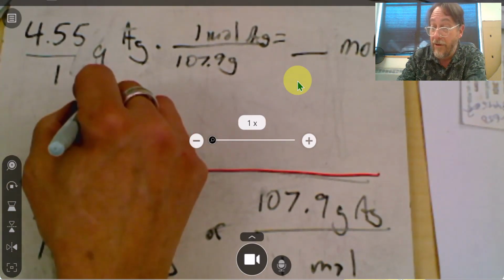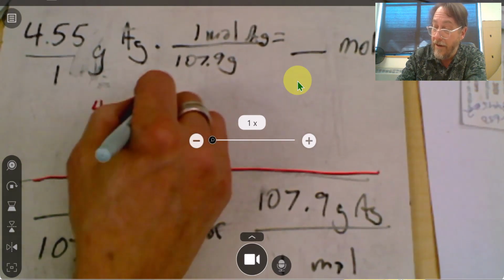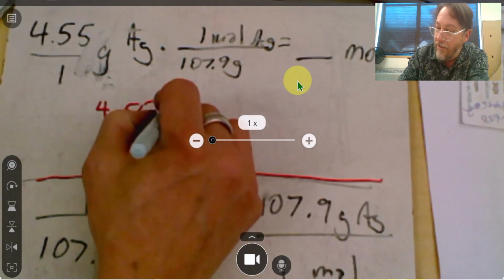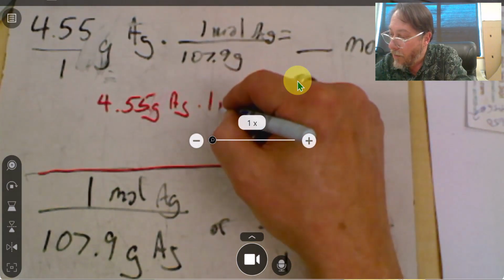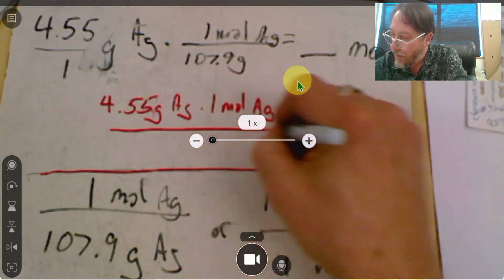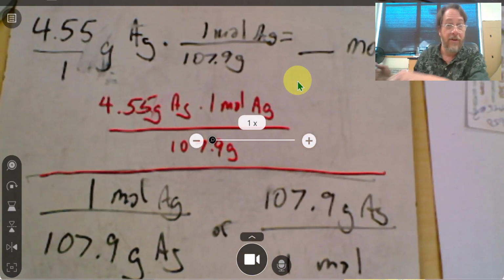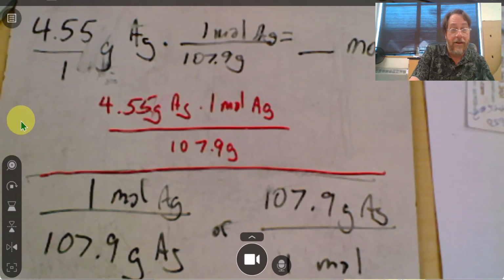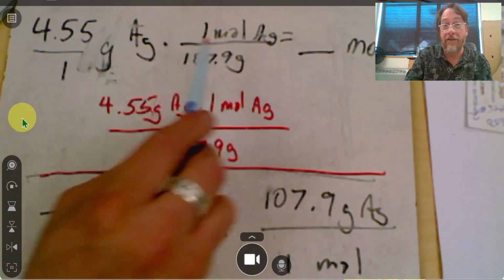For those of you really struggling with the math concept here: 4.55 grams silver times 1 mole silver all over 107.9 grams. That's what we got here.